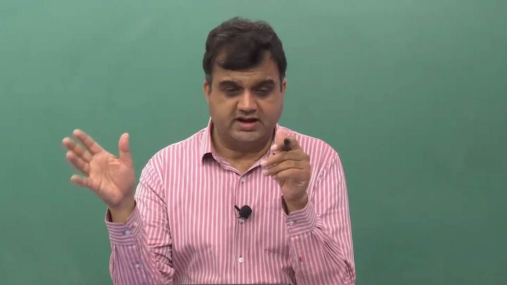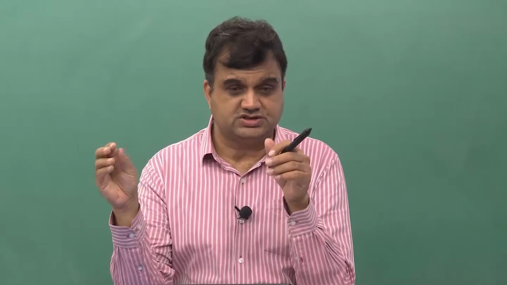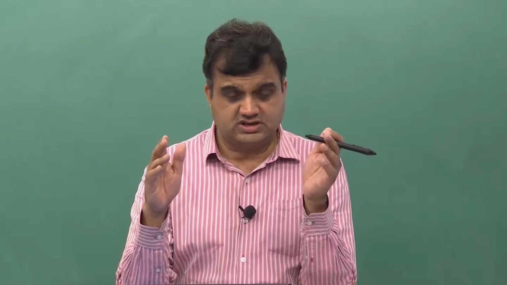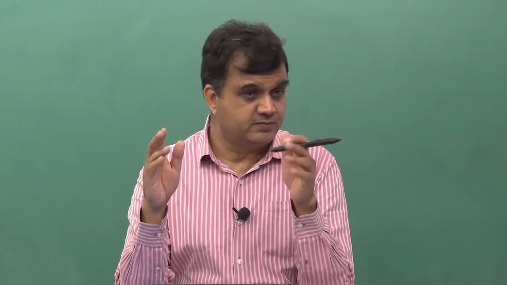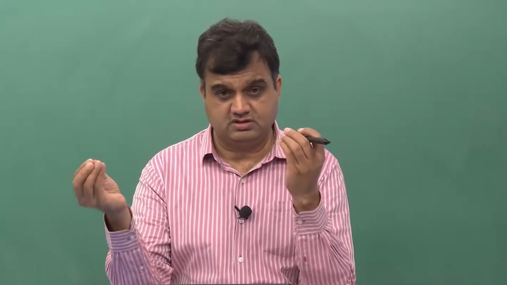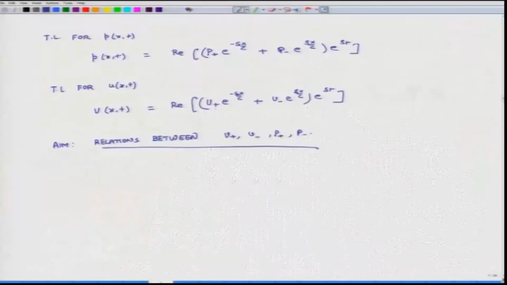On the right side you have the rate of change of momentum, which is mass times velocity, its differential, and on the left side you have force, which is pressure times area. So, we will rely on that equation to connect p plus, p minus, u plus and u minus. Let us write down the momentum equation.